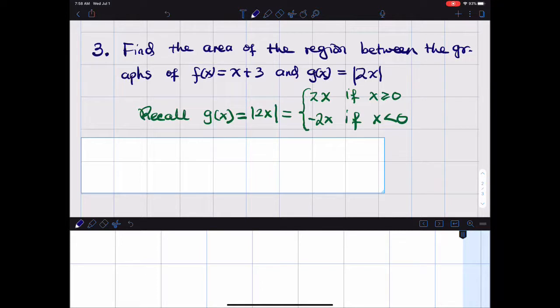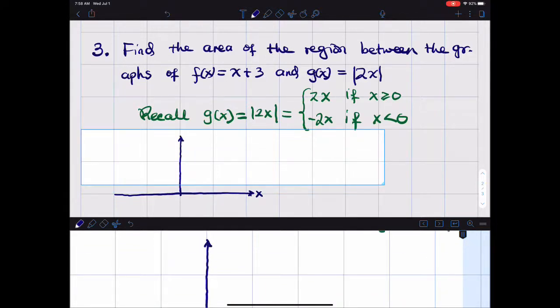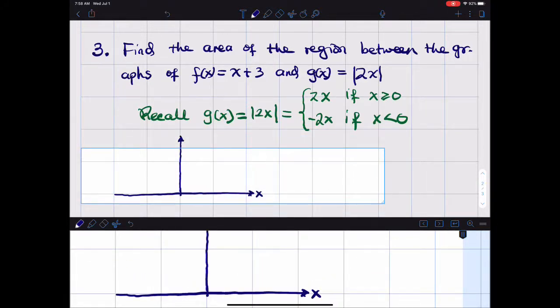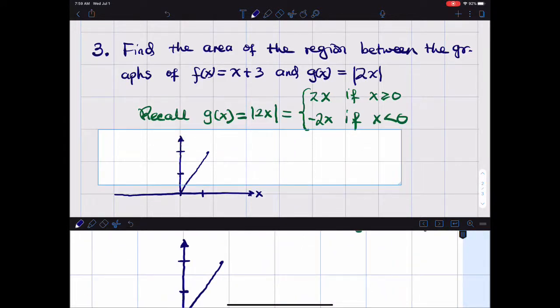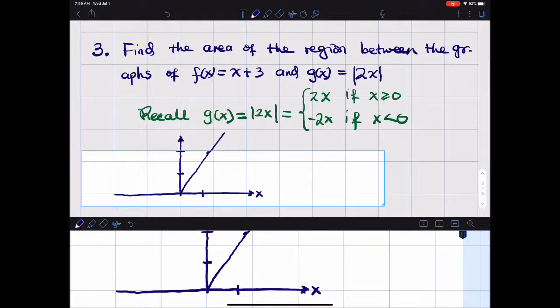So let's try to draw it. So we have the y and the x-axis. All right, so let's make this 1, and then 2. So this is our function g of x when x is greater than or equal to 0. And then when x is less than 0, it's negative 2x.